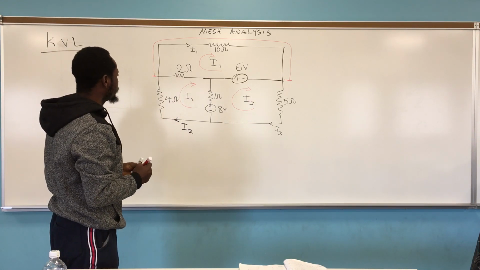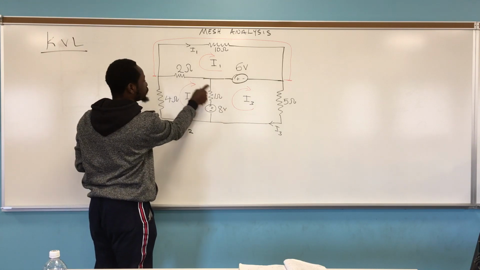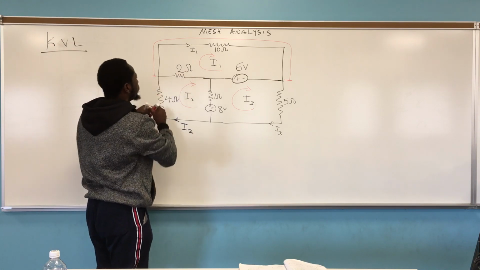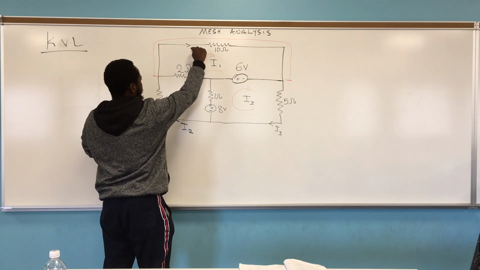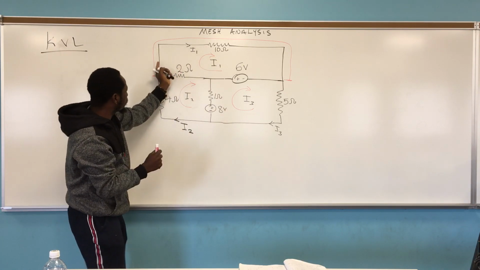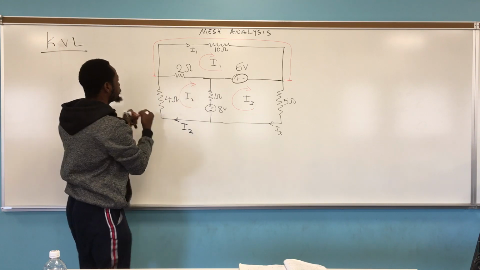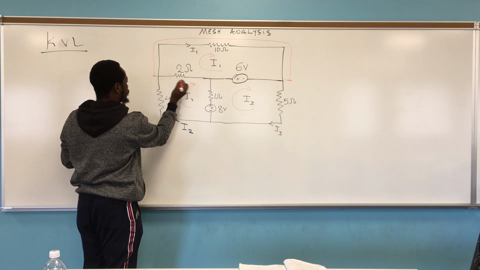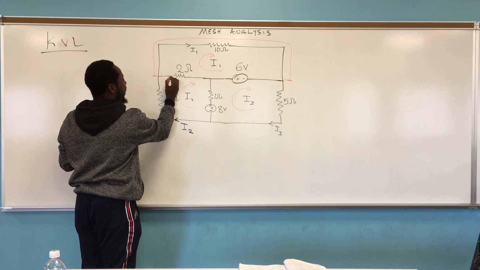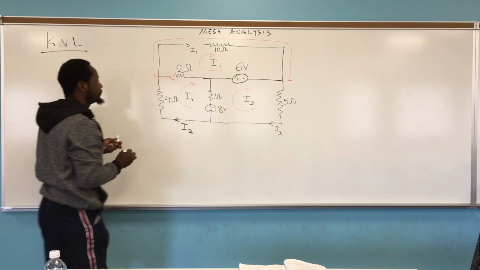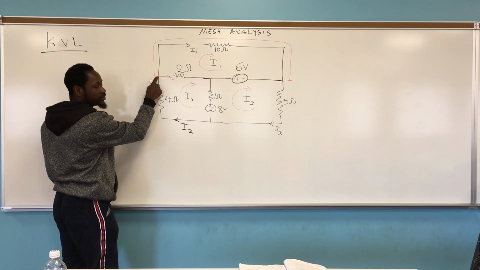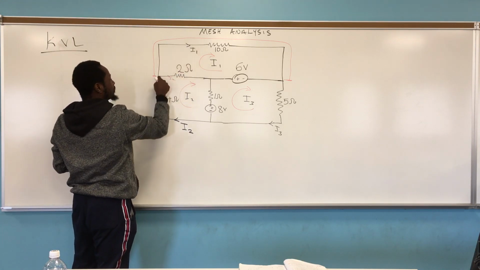Now we need to find the current in each of the inner branches. So we'll start with this branch. If this current is flowing out of here, because it has the clockwise direction, right? Let's just assume that the current in this branch is I branch 1. Notice I2 is flowing into this branch and I1 is flowing out.